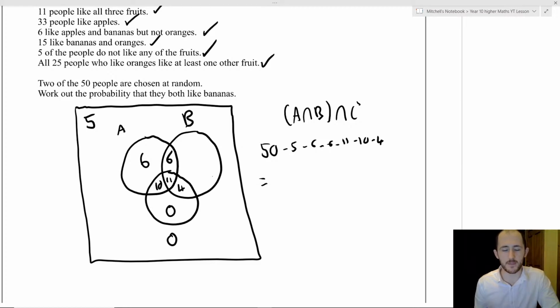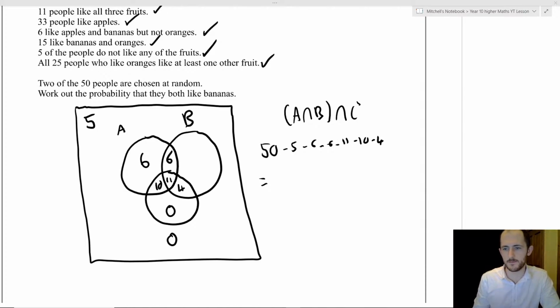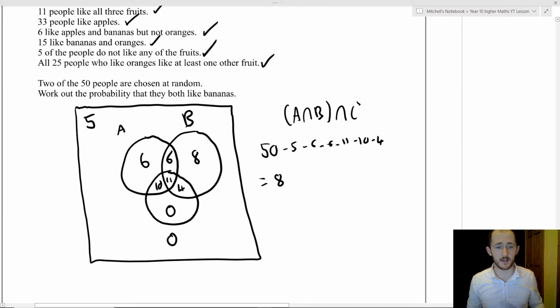And that will give us everyone that's left over, which is in the banana circle. Again, you can do this in your head. I'm being a bit lazy. And that's our Venn diagram. We did it a lot quicker, but we can do it even faster.